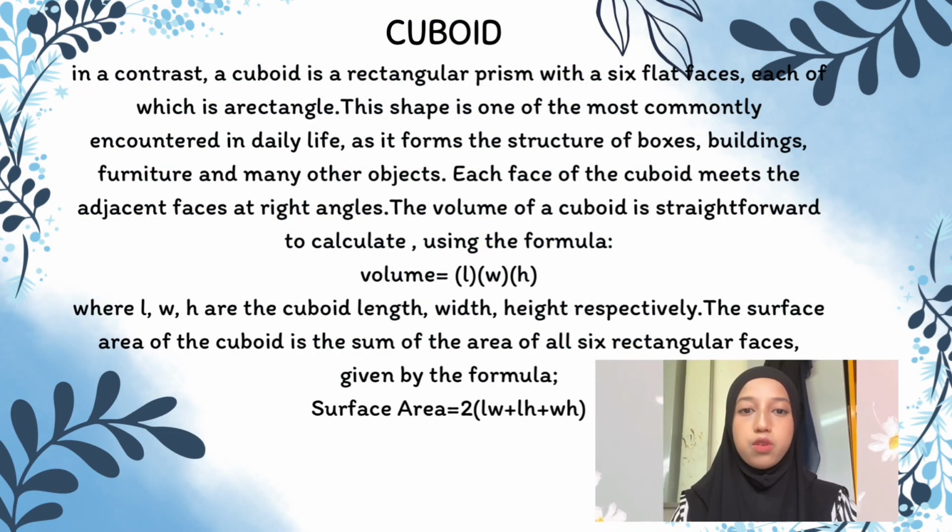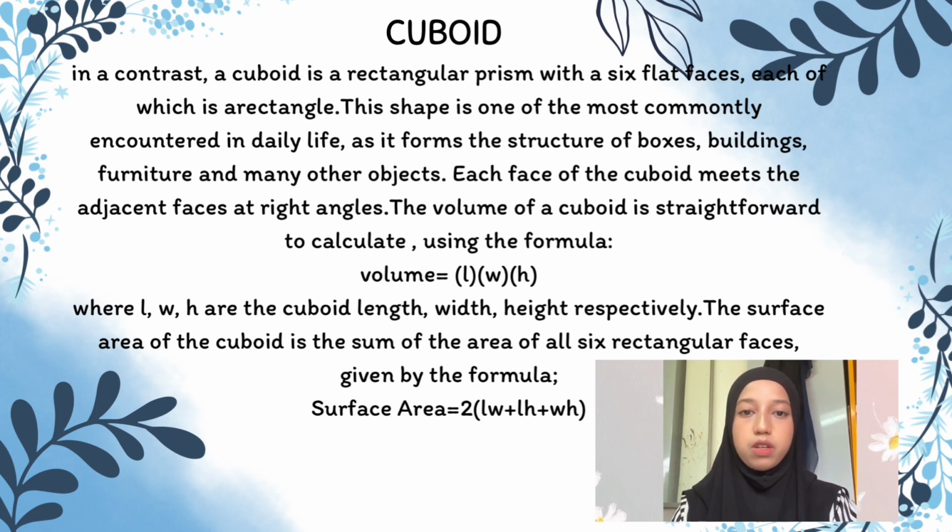In contrast, a cuboid is a rectangular prism with 6 flat faces, each of which is a rectangle. This shape is one of the most commonly encountered in daily life, as it forms the structure of boxes, buildings, furniture, and many other objects. Each face of the cuboid meets the adjacent faces at a right angle.